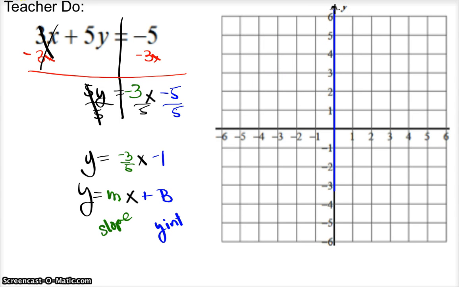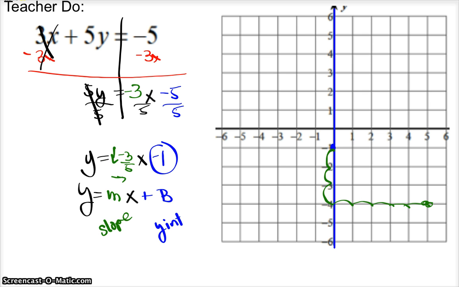Here's our y-intercept. And it says, according to this line, negative 1. So here, negative 1. My slope says down 3 plus 5. So I'll go down 1, 2, 3 plus 5. 1, 2, 3, 4, 5.